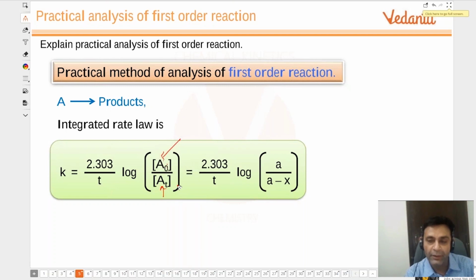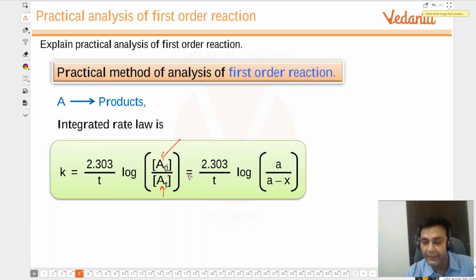Now, why not volume? I'm answering this. Suppose some gas has reacted. Will the volume of the gas change after time t? After time t, suppose some amount of reaction has taken place, some gas has reacted.